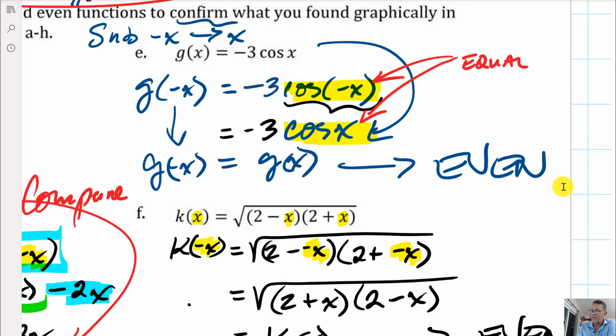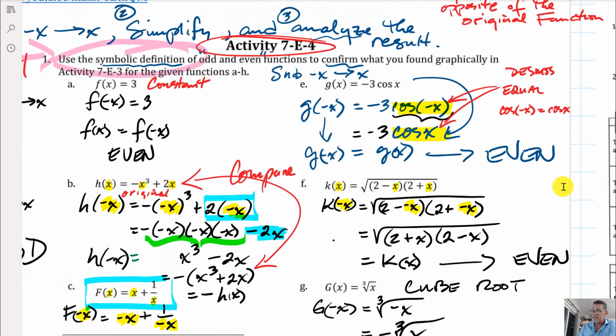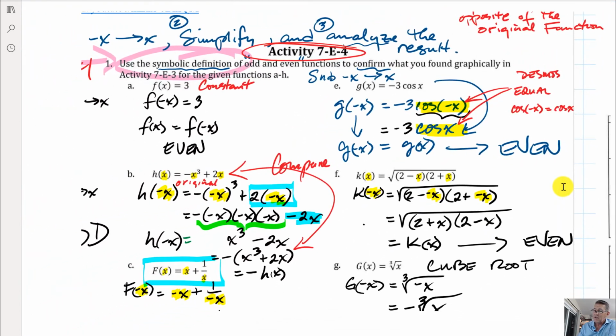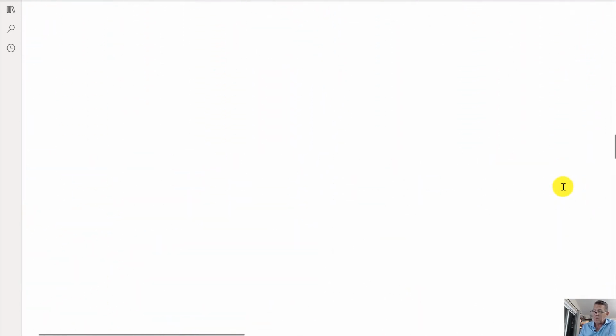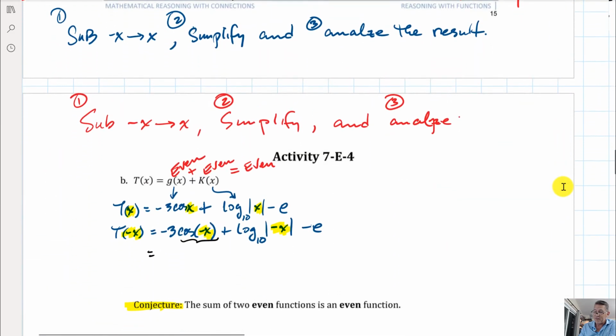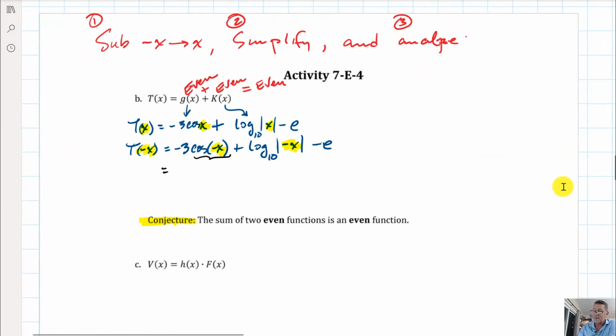We checked it with Desmos, and that's why I could replace cosine of negative X with cosine X. You check it with Desmos, I did that in my last video. You just check that because that's a fact. And if you don't remember, then pause the video and put it back in Desmos so you can see it.